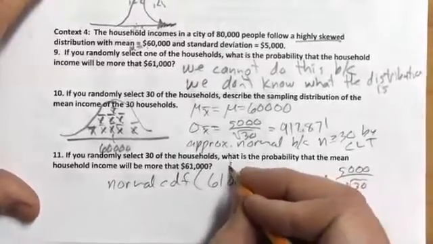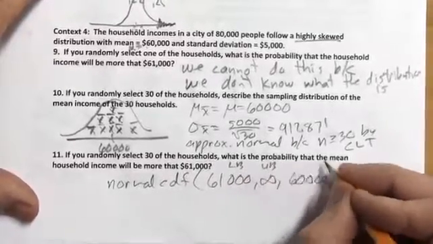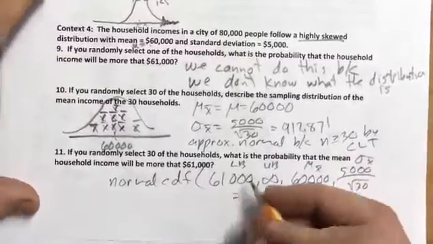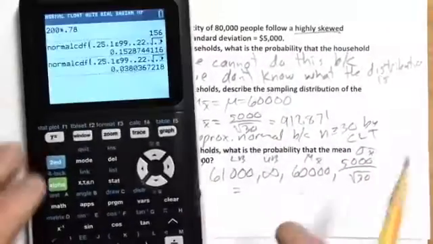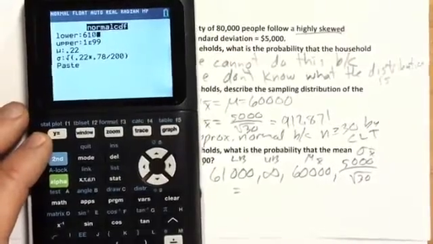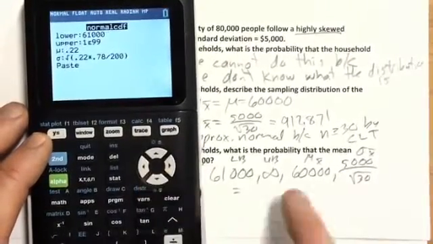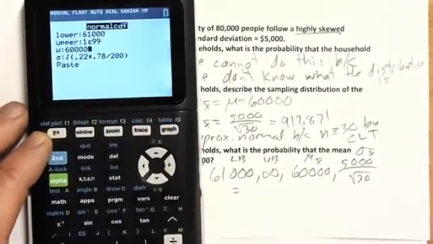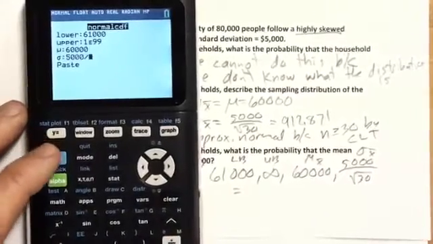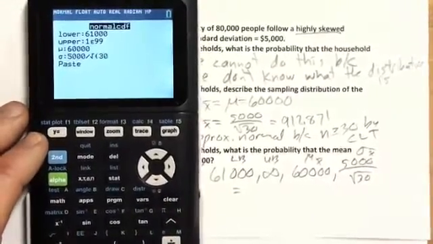I'm going to label this as lower bound, upper bound, the mean of my X bars, and the sigma of my X bars. And let's see what we get.